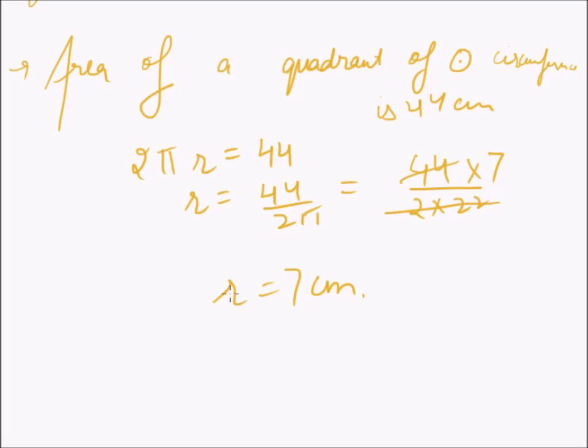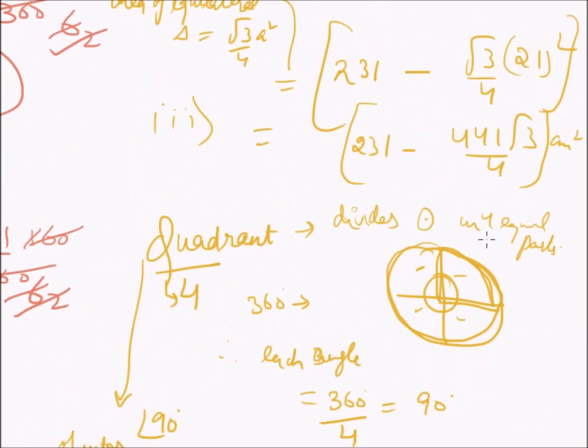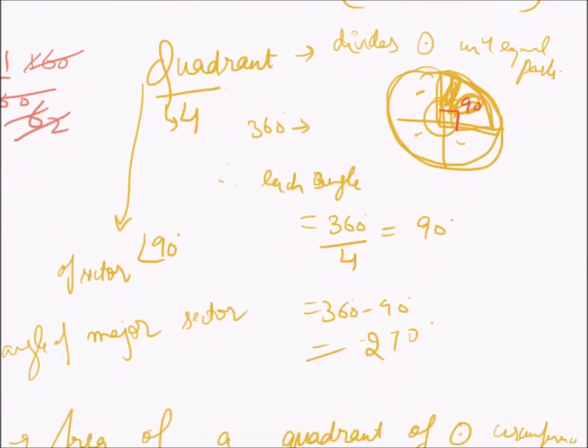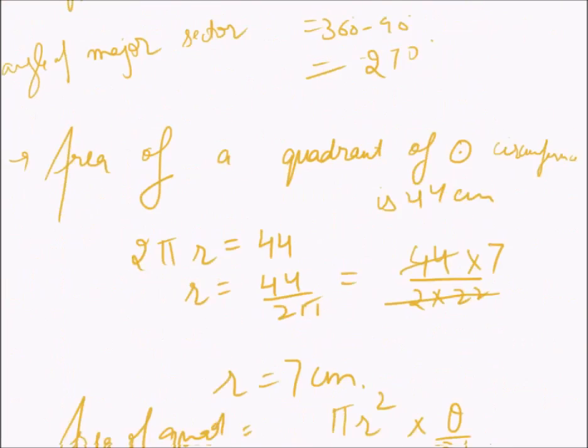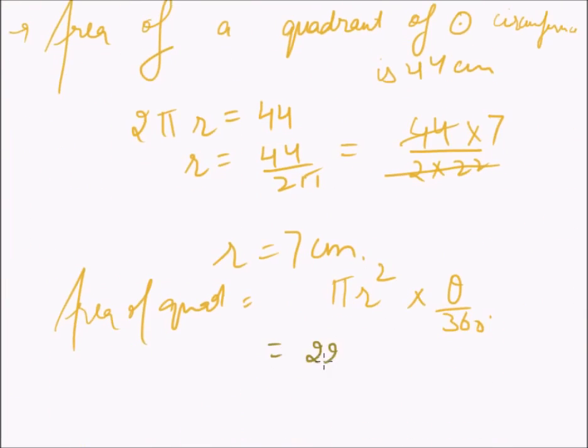So the area of quadrant is nothing but the area of total circle into theta over 360 degree, because quadrant is also a sector. With this angle, the angle has 90 degree. So we can have the area as 22 by 7 into the radius, which is 7 into 7.